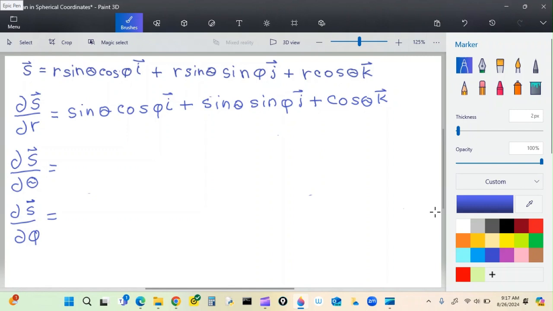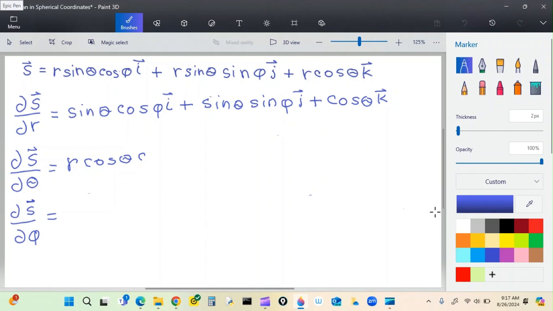So let me just apply this and see if it makes sense to you. The derivative of this position vector with respect to theta is going to be r. Can't forget about the r. The r doesn't change with theta. So we put in here cosine theta.